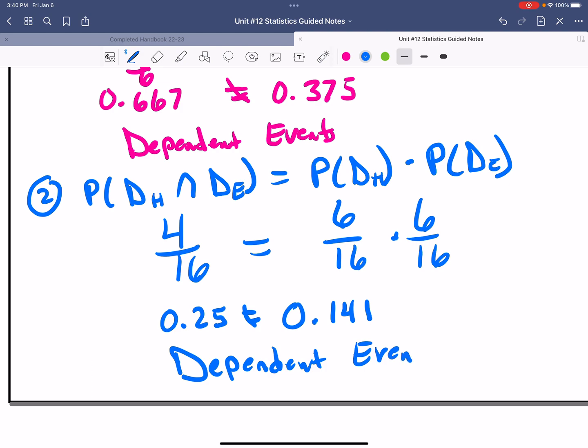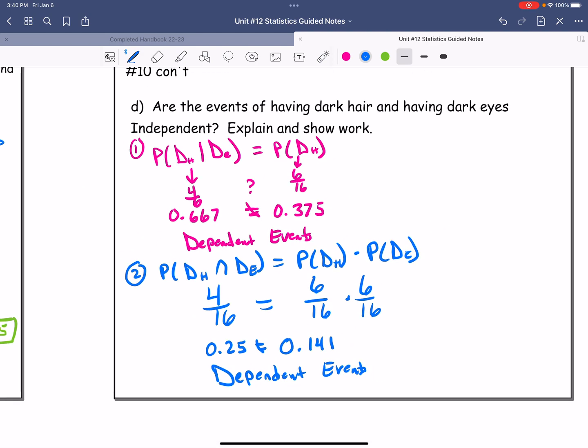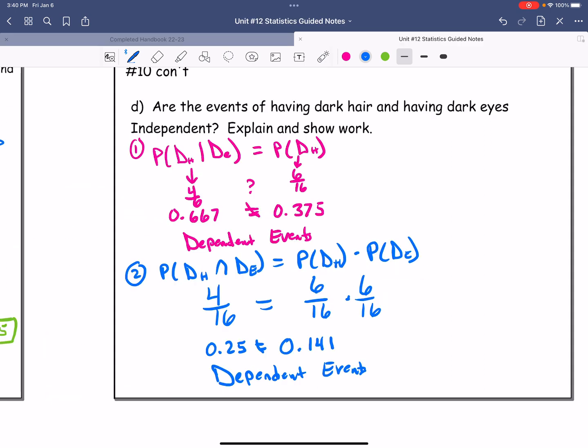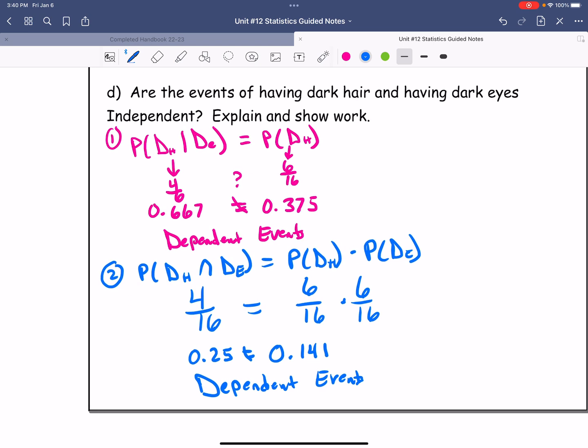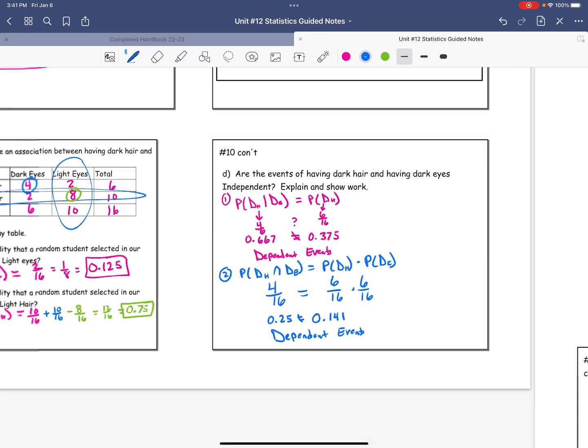So using either of the two definitions for independence, you will get that having dark hair and dark eyes are definitely dependent events. You are more likely to have dark eyes if you have dark hair. That's what this is saying. So the events are not independent. And that's how you test for independence when things are iffy.